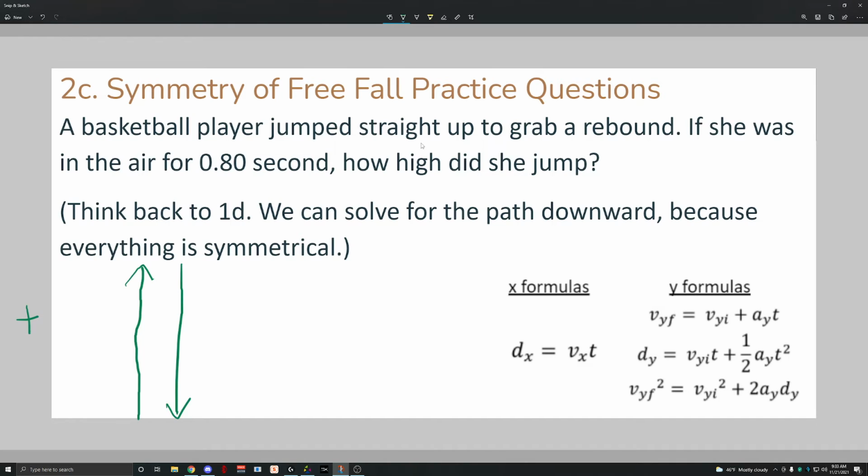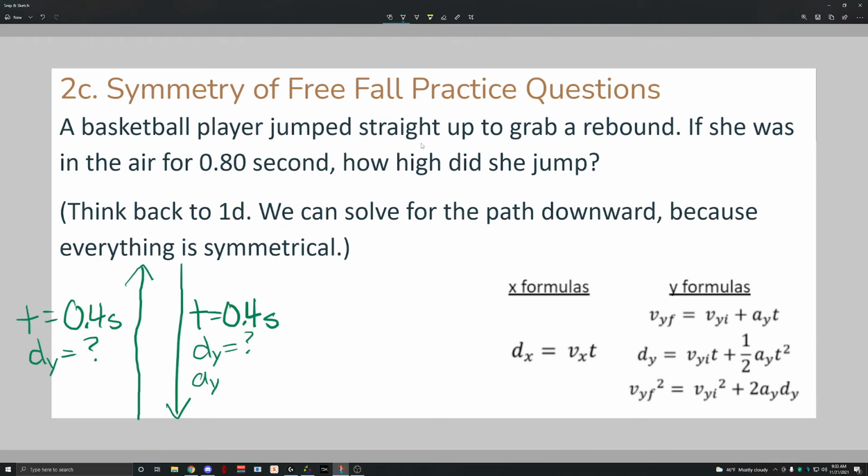If your total time is 0.8 seconds, it takes you 0.4 seconds to get up to your max height and 0.4 seconds to come back down. So your total time is 0.8 seconds. The question is asking how high she jumped, so they only care about max height here.